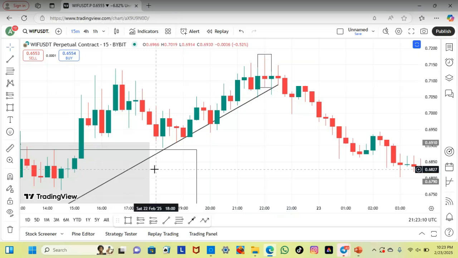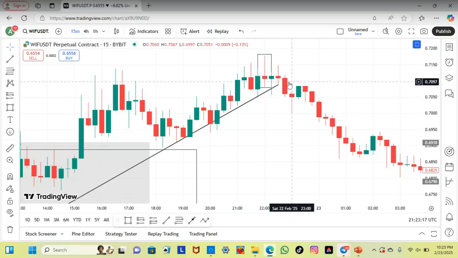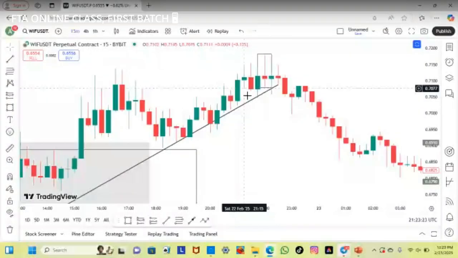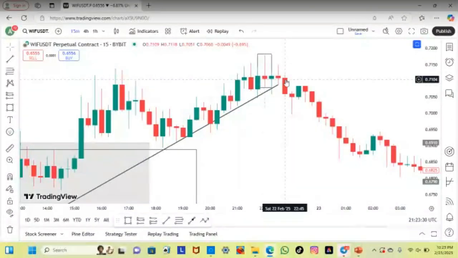Then after this pattern appeared, you see that the market reversed to the downside. So whenever you see this candlestick pattern, this shooting star, you know that the market is taking its shape into a bearish trend.